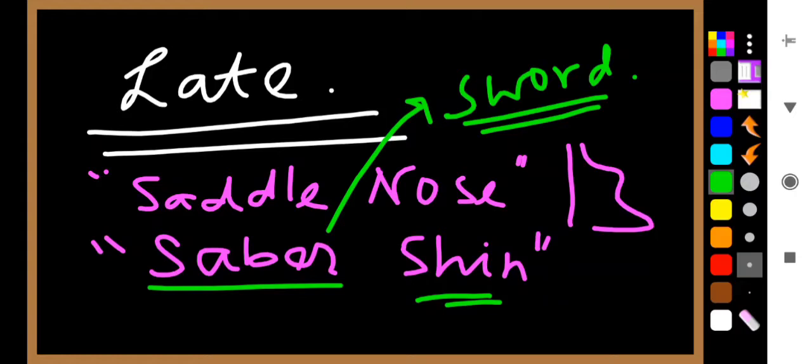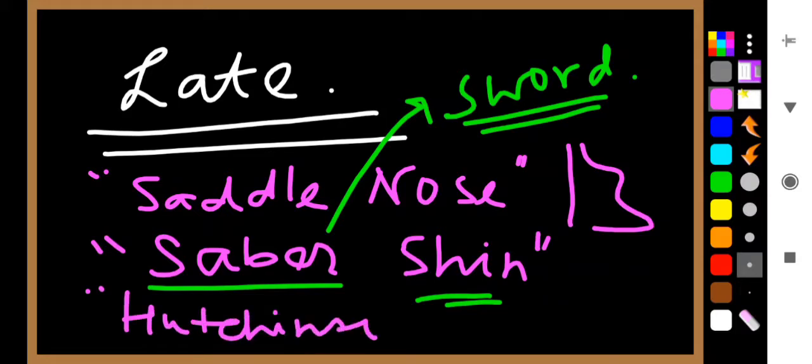So saddle nose, saber shin, and Hutchinson teeth. Remember these three, which are very, very important. These three are the late manifestation.